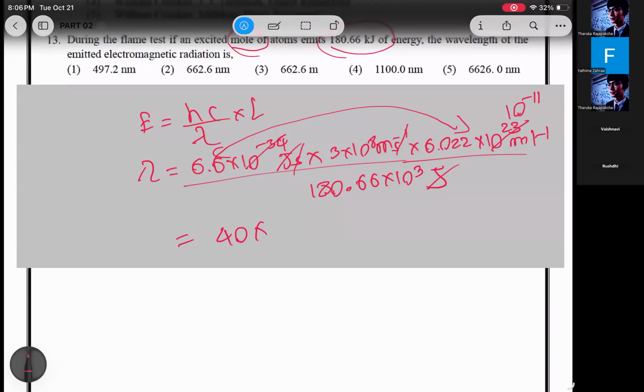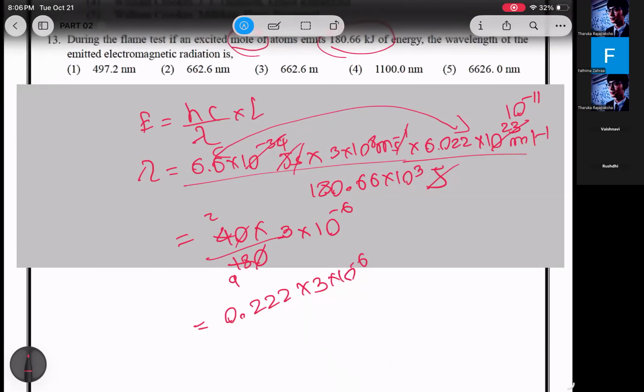Now 40 divided by 180, multiplied by 3 multiplied by 10 to the power minus 3 and 10 to the power minus 6. 0.2222 multiplied by 3 into 10 to the power minus 6.